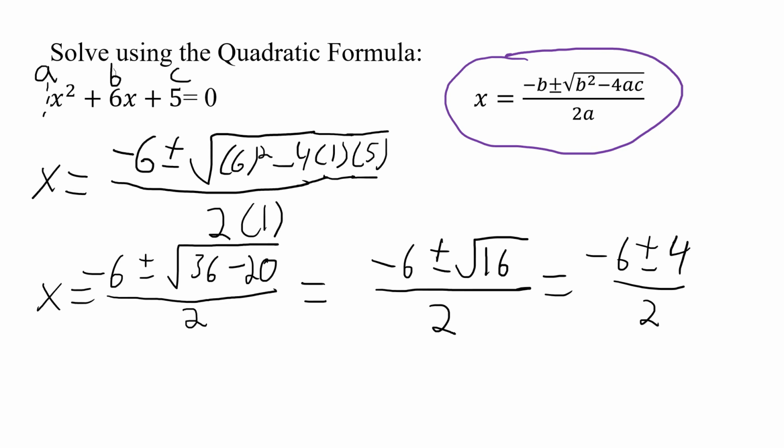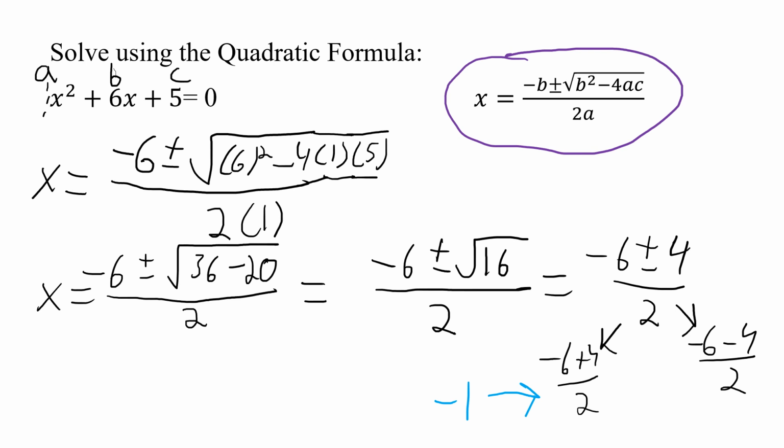We have negative 6 plus 4 over 2, and we have negative 6 minus 4 over 2. Negative 6 plus 4 is negative 2. Negative 2 divided by 2 is negative 1. So for this solution, we get negative 1.